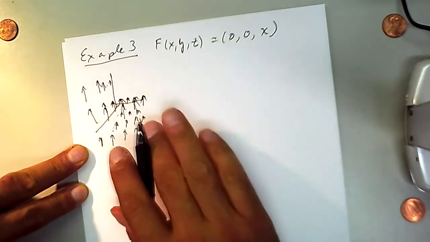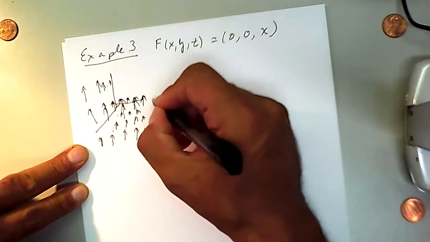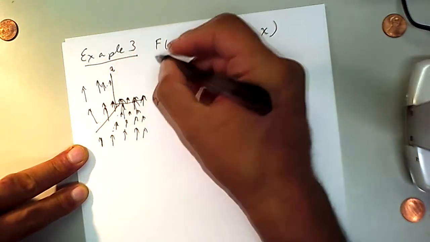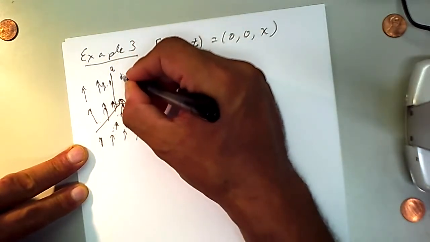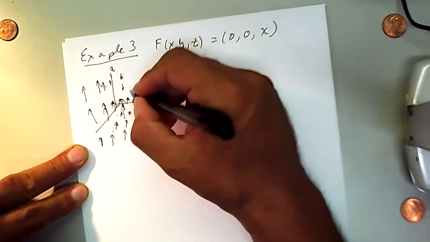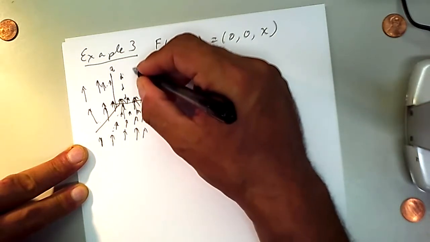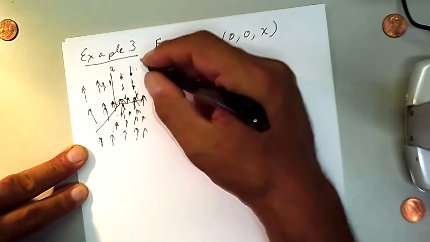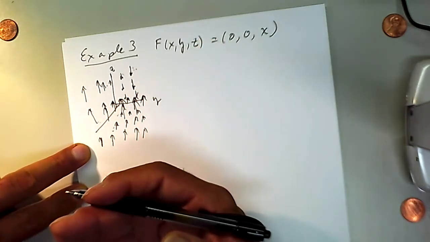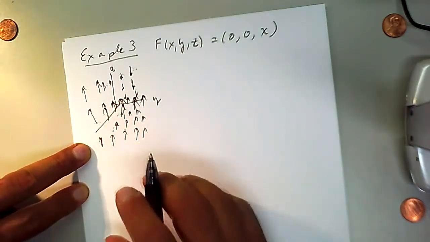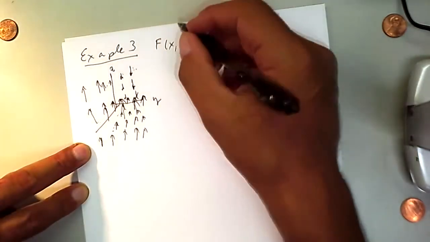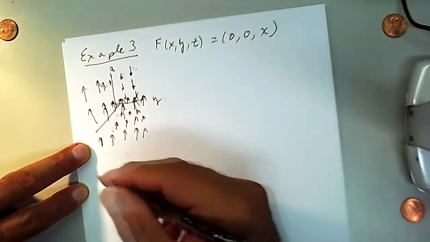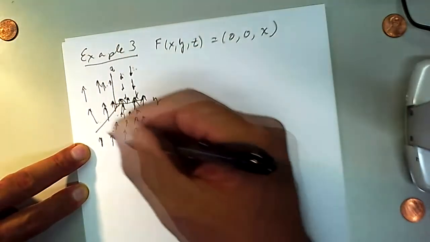But if we go past the YZ plane, behind the YZ plane, then the vectors are going to go down because the x's are going to be negative. So the farther away we are, the longer they are. On this side of the YZ plane, we're going to go up. On the other side of the YZ plane, we're going to go down, up and down, up and down.